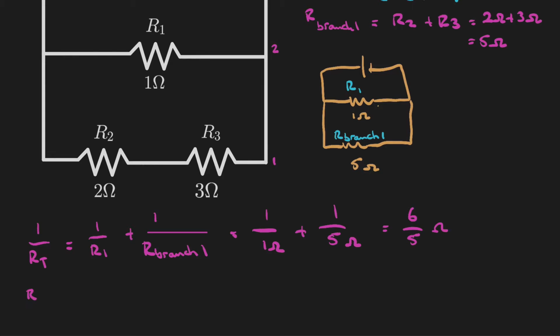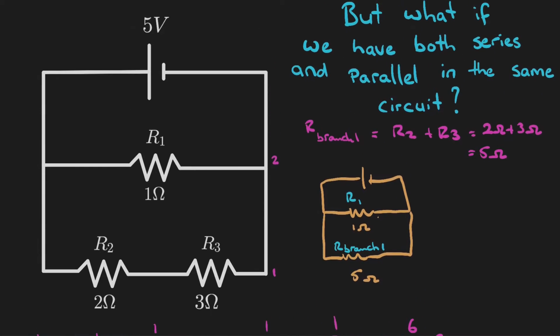So RT actually equals 5 over 6 ohms, which equals 0.8333 ohms. Okay? Now we have found the equivalent resistance of this circuit.